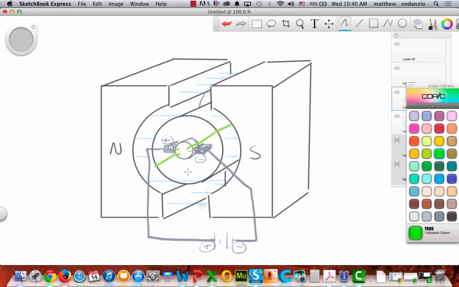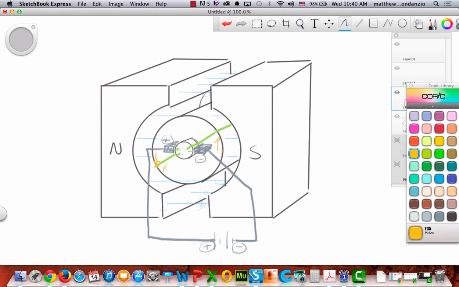So am I trying to get my motor to turn clockwise or counterclockwise? It's easier to show like that. In this case, counterclockwise or clockwise? Does everyone know? Counterclockwise. So I have a force. Trip, you're using your left hand.